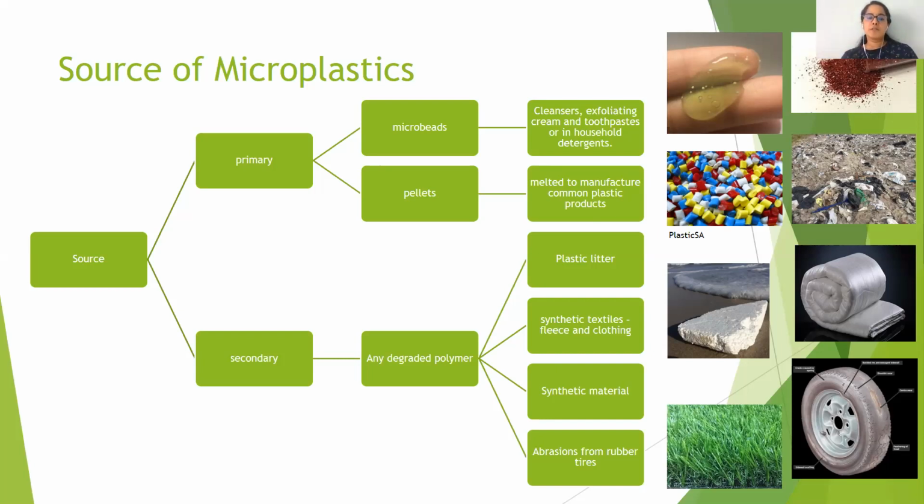And then we've got secondary microplastics. Secondary microplastics degrade from larger plastics, so they break down from larger plastics. I've also got examples on the side, so you can see plastic litter. You can see synthetic materials like synthetic grass. A lot of people are putting in synthetic grass during the drought.